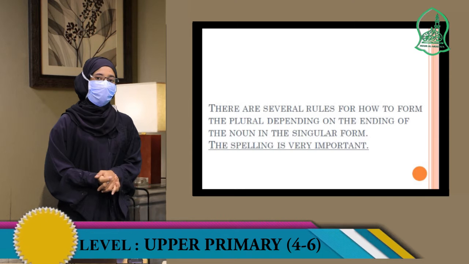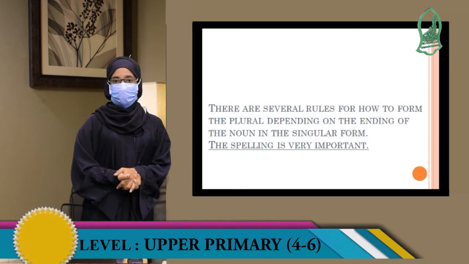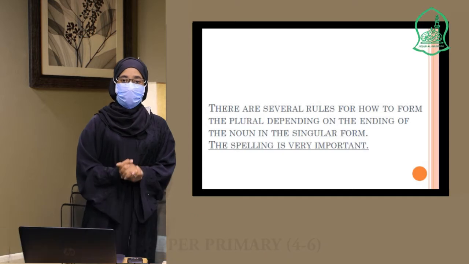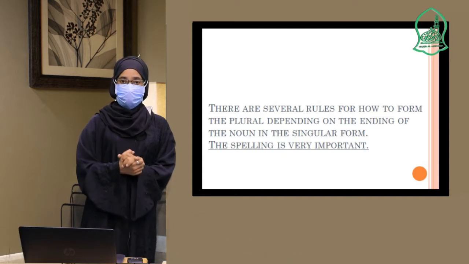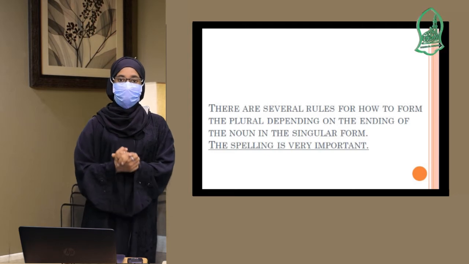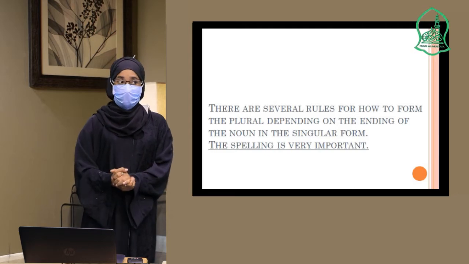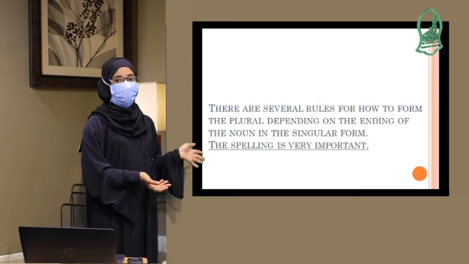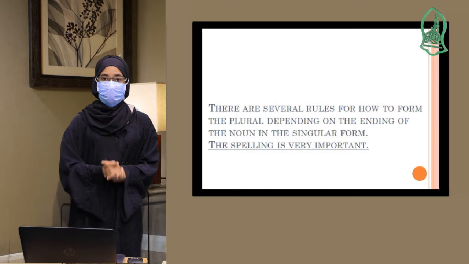We are not just adding anything because we have to make them a plural form. We have rules when we should follow those rules on the nouns according to the ending of the nouns. So I want you to be ready to listen and to see what are those forms.